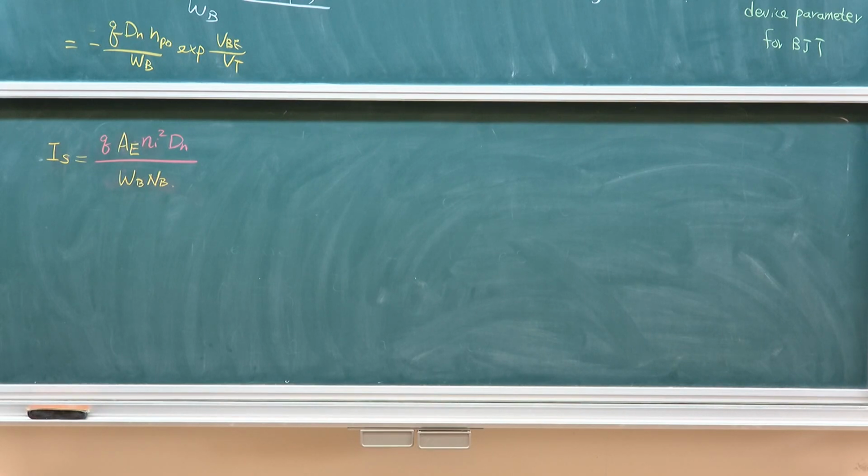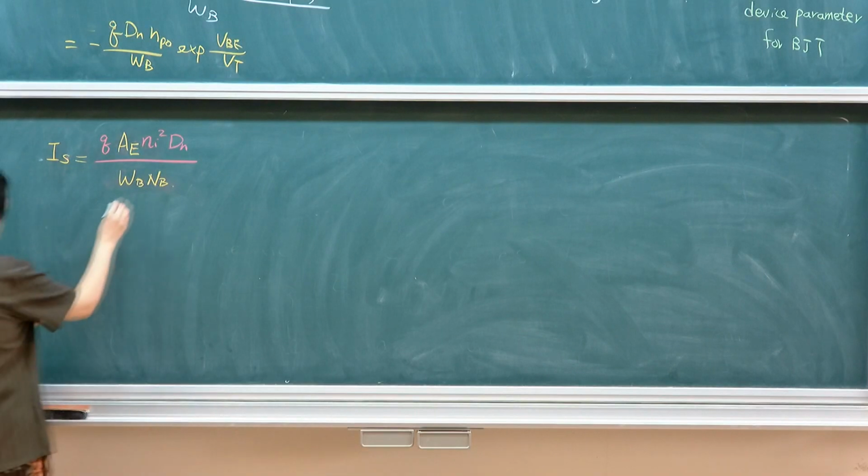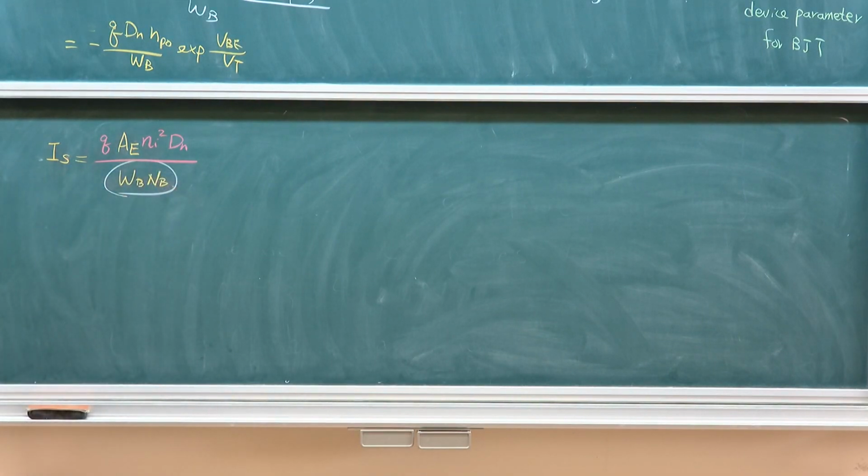WB is the width of the base. NB is the doping level of the base. So WBNB represents what? In a physical sense, it's the total amount of dopant in the base, right? Because I've doped it with a level NB, and WB is my distance.